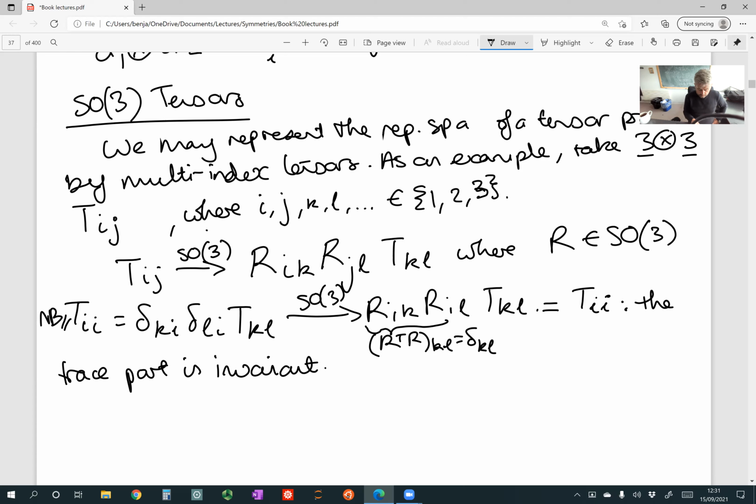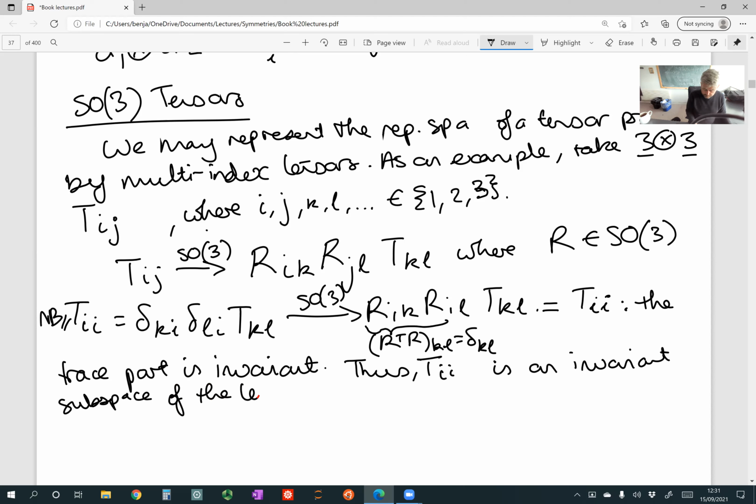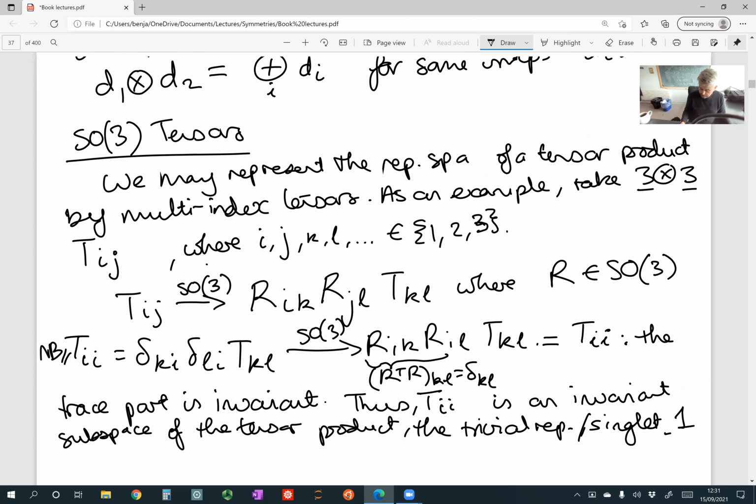So actually, this is precisely an example of an invariant subspace of the tensor product. It's the trivial representation, or the singlet representation, as it's called. So T_ii is an invariant subspace of the tensor product, the trivial representation, singlet, which we can write as 1, vector 1.